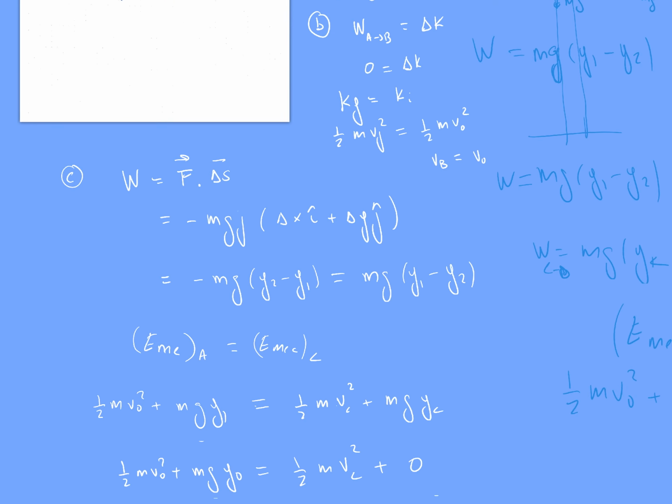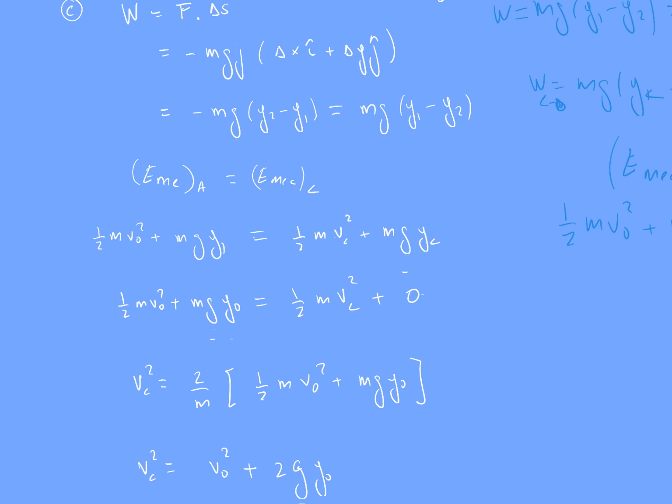Okay, we apply conservation of energy. So the mechanical energy at A is equal to the mechanical energy at C. What is the mechanical energy at A? Kinetic plus potential, mgy. What is the mechanical energy at C? Kinetic plus potential, yc. What is the amount of kinetic energy? 1/2 mv0 squared.